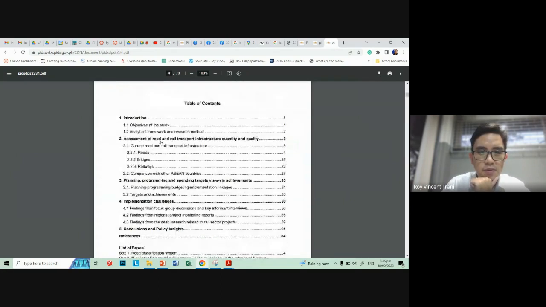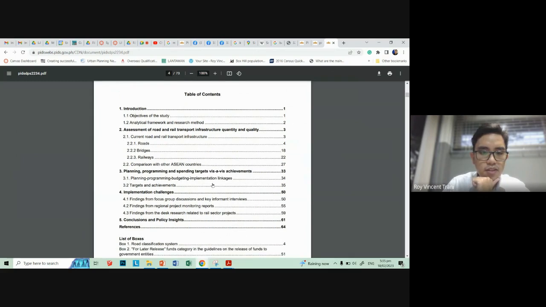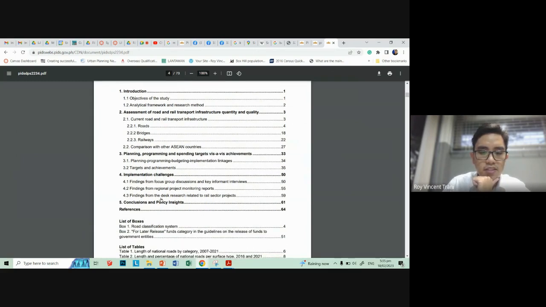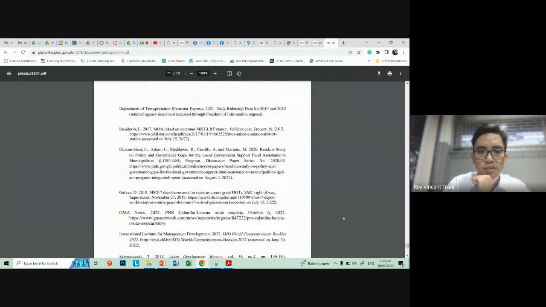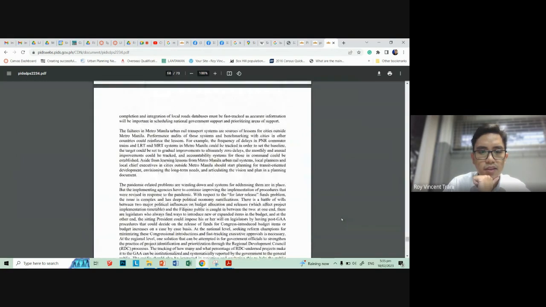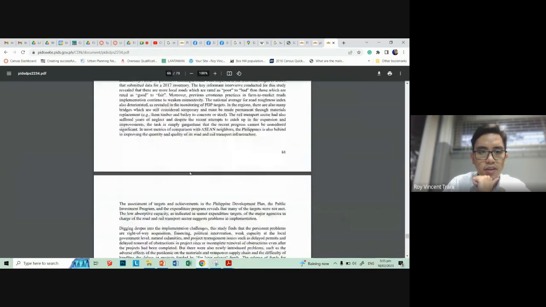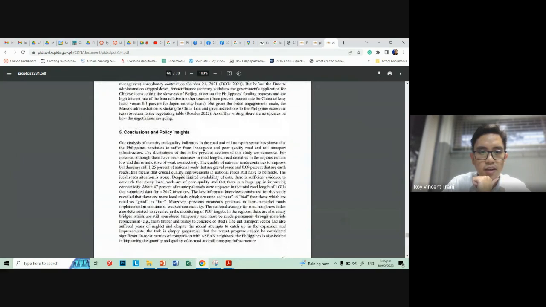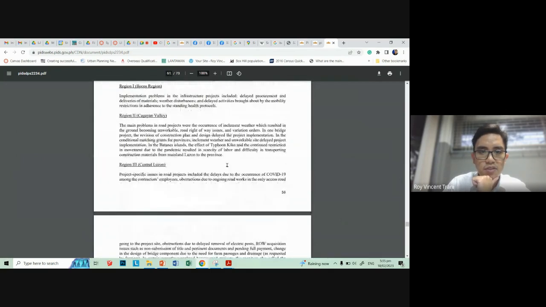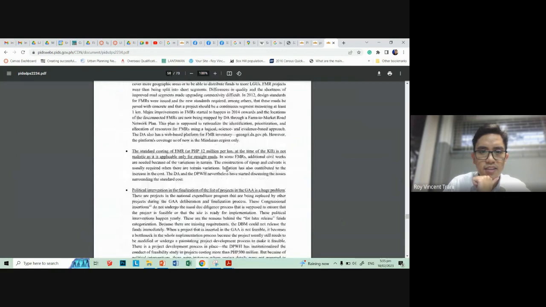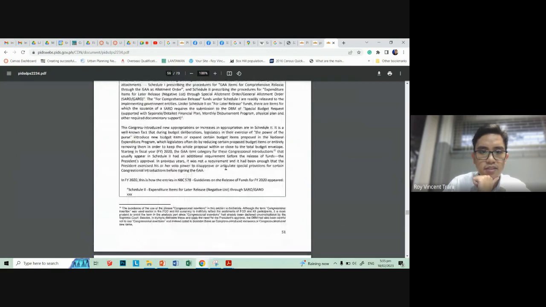We have assessment of role and capacity, planning, programming, and spending targets, implementation challenges, and then conclusions and policy insights. So let's just go down to the conclusions. Okay, it's very long. It shows that the Philippines is basically what we said in the abstract. Let's see if they have any tables or other data. Any statistics?